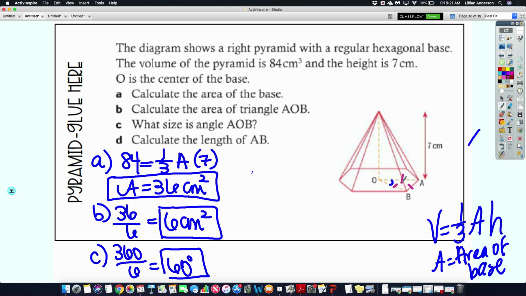They're not the same. The H here is the height of the pyramid, but the H in 1/2 base times height is the height of the triangle, and those are not the same.